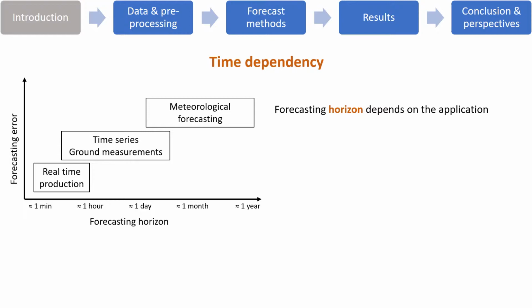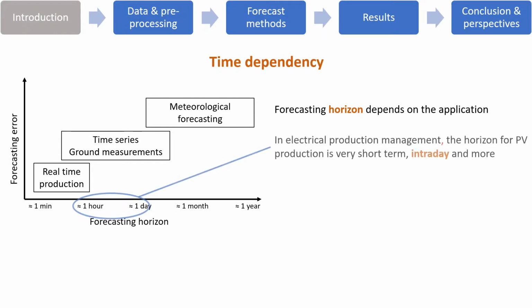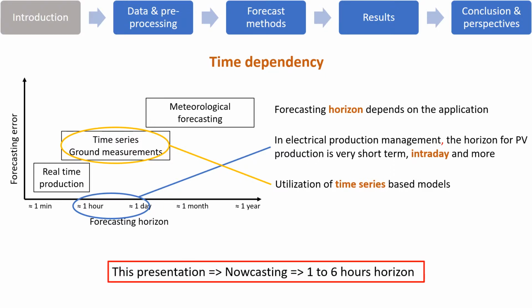And for horizons of more than 1 day, the meteorological forecasting. In electrical production management, the horizon for PV production is very short term, as intraday. The utilization of time series based models is a good solution. In this presentation, we will talk about nowcasting, 1 to 6 hour horizon.